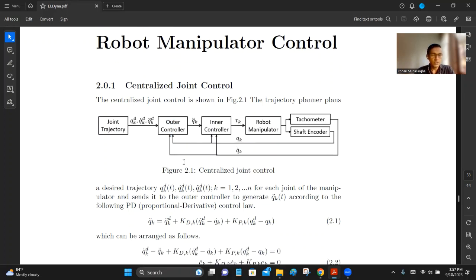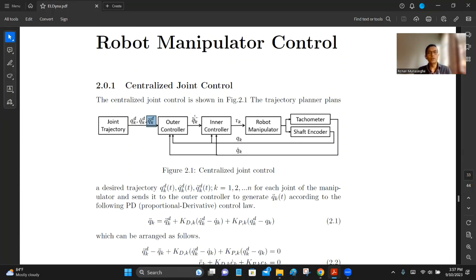What the outer controller does with that information is that it generates Q double dot_k. What is that? Q double dot_k is different from Q double dot_kD, which is over here. This is the desired joint acceleration for that particular joint: 1, 2, 3, 4, like that.